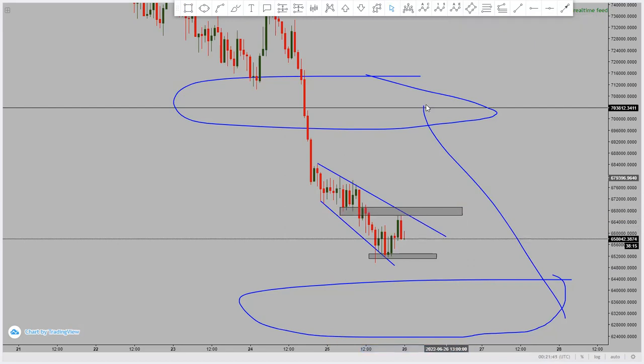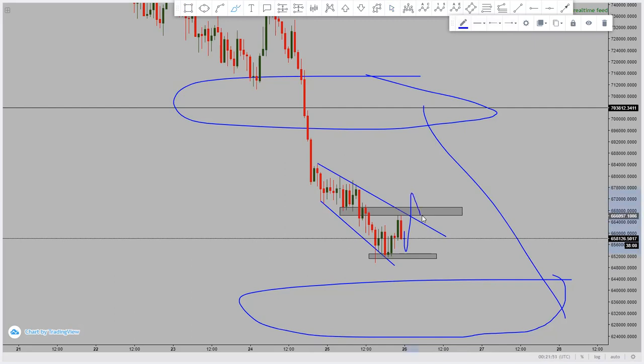So if you see price coming and breaking here, most probably it can give short-term buys back to this area here. That's where you can take some buys after the break of this channel. So on the VIX, that is what we are currently seeing.